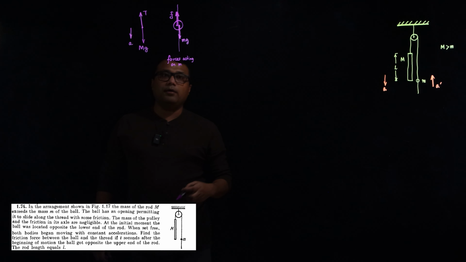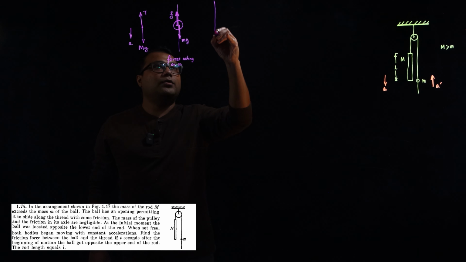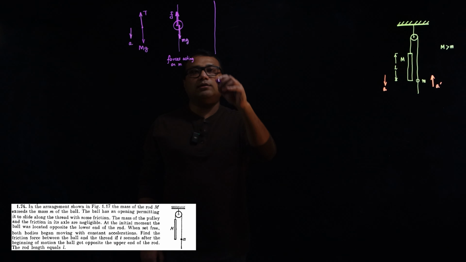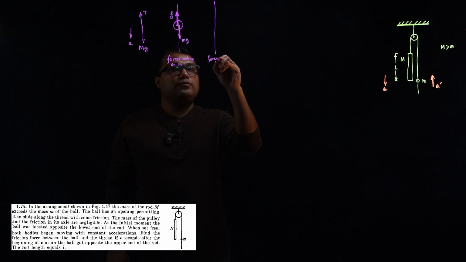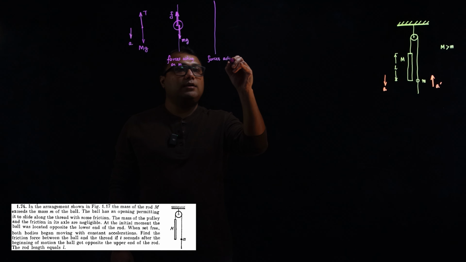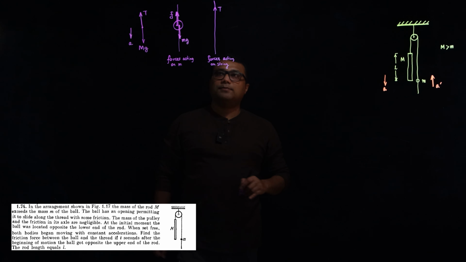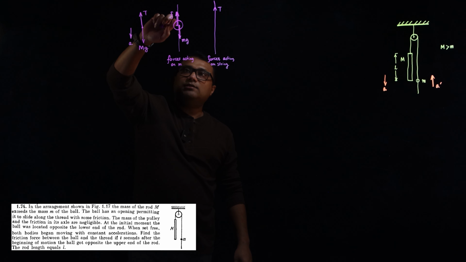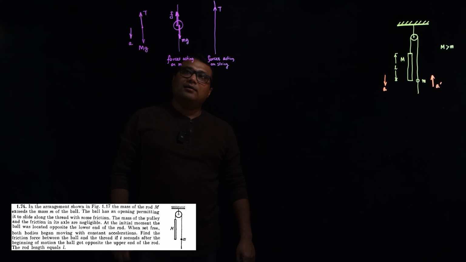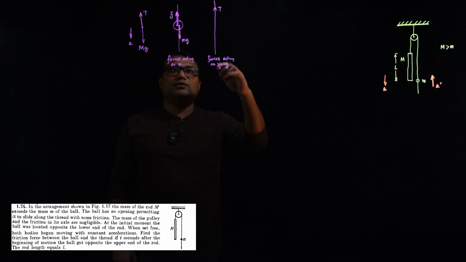Now I also want to draw what the forces are acting on the string. Now there is tension in the string, which is same as this. The string exerts a force of friction F on the ball. By Newton's third law, the ball will exert an equal and opposite force of friction on the string.